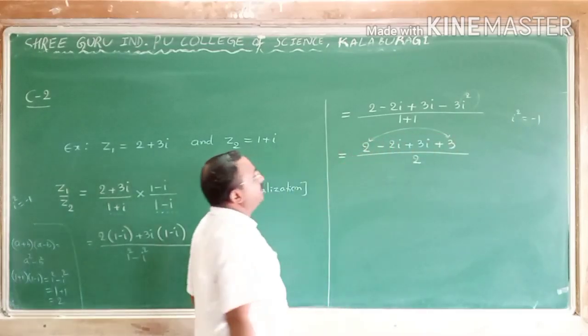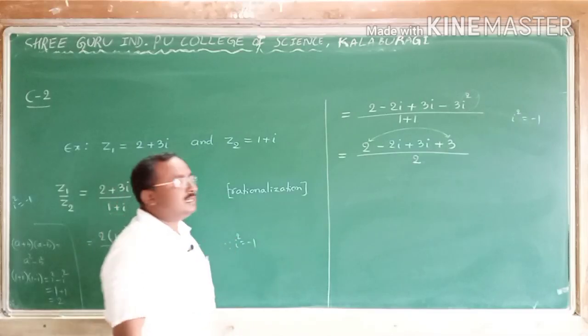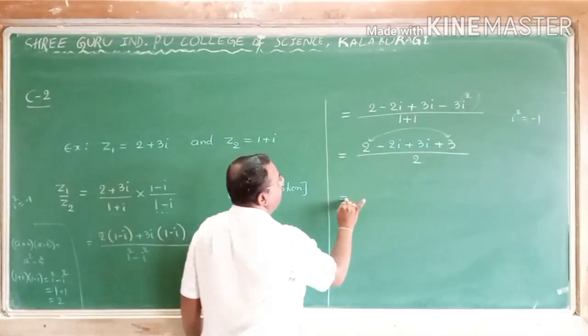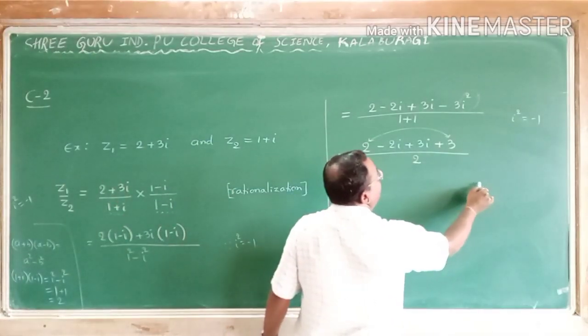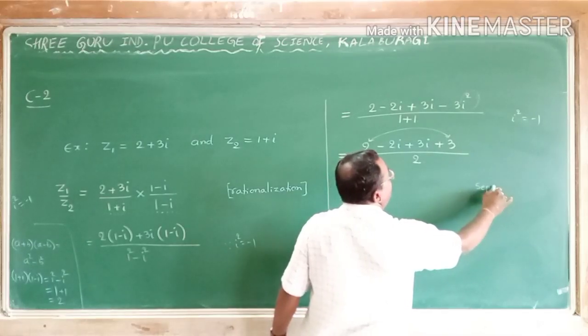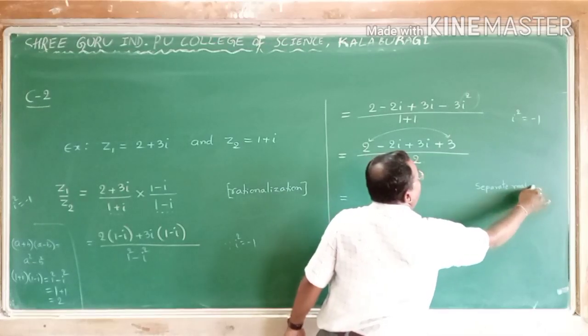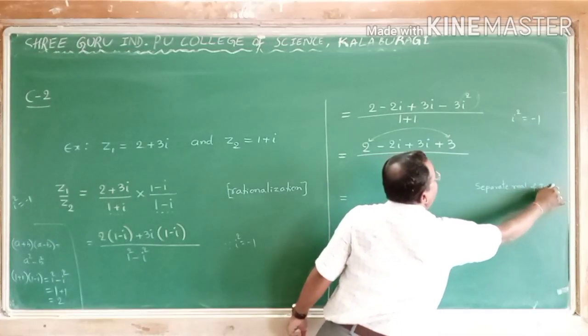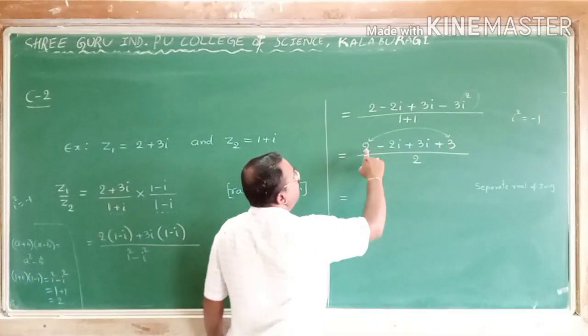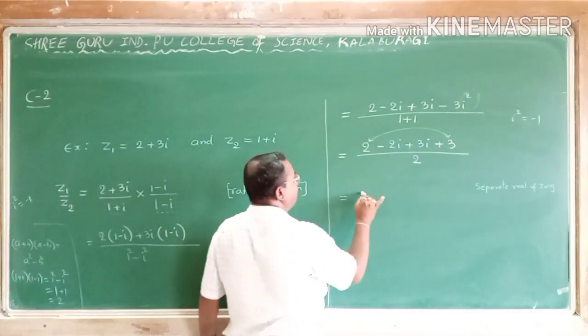Real with real, imaginary with imaginary: real and real add, imaginary and imaginary add. Separate real and imaginary. The real part is what? 2 plus 3, value is 5.